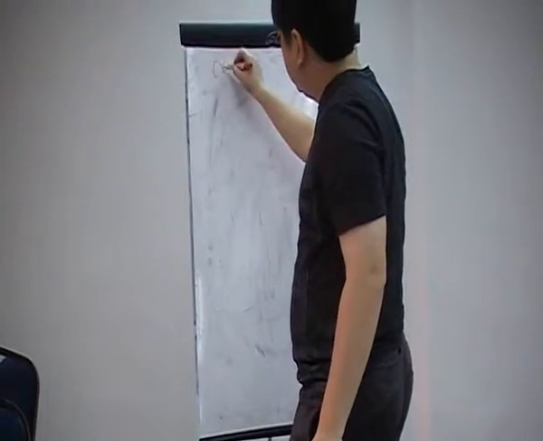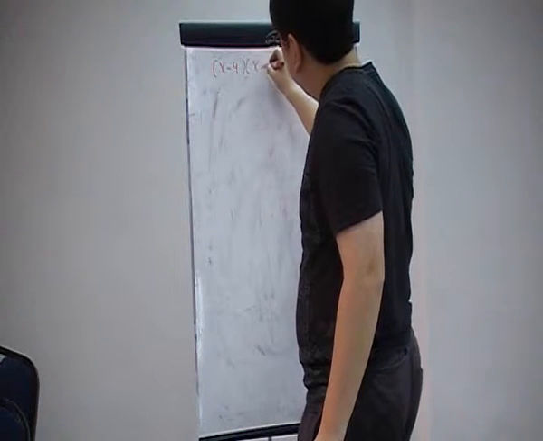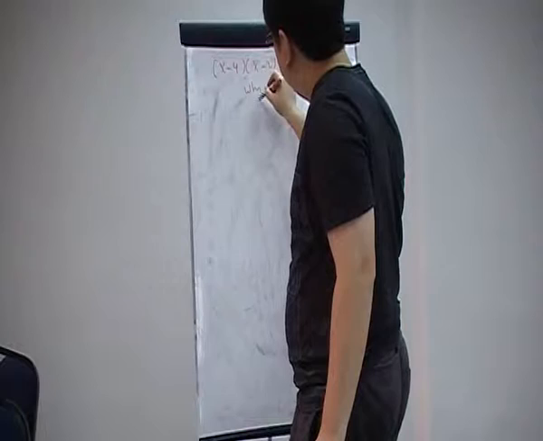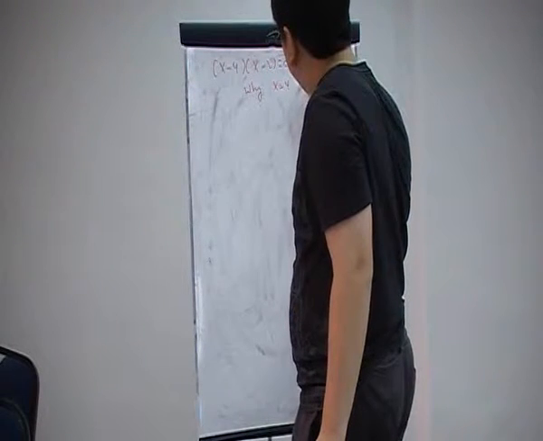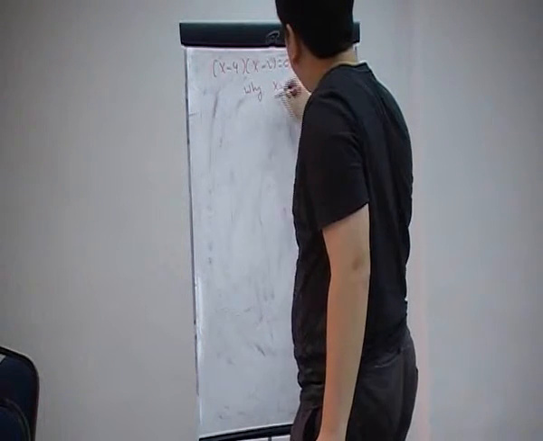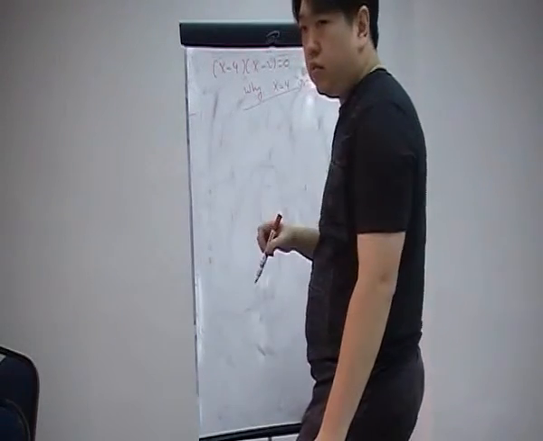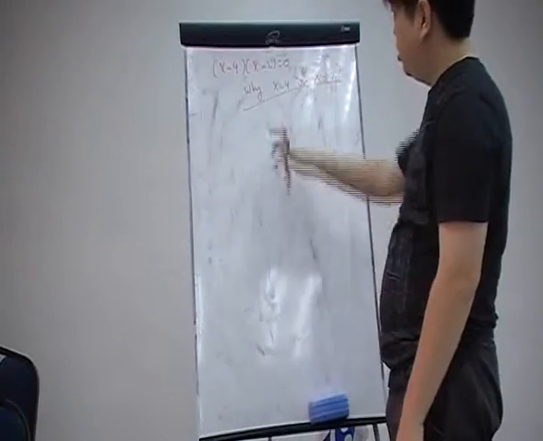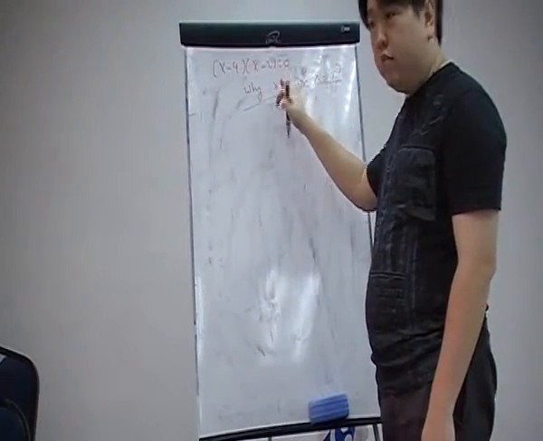When I say (x minus 4)(x minus 2) equal to 0, why is x equal to 4 or x equal to 2? Why? Now this one, x equal to 4 or 2, right? We know, yeah. But why?